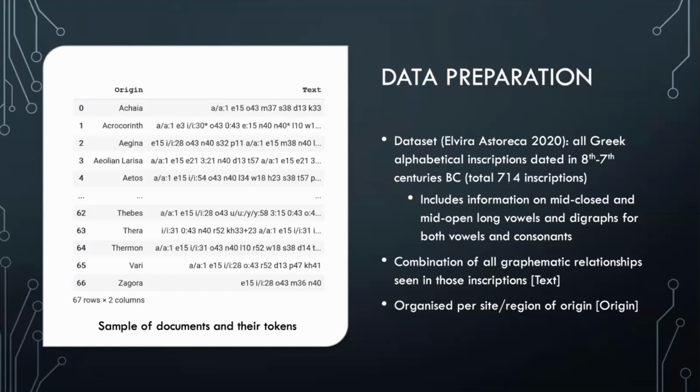This information, the data, was gathered from a dataset that consists of 714 Greek alphabetic inscriptions dated in the 8th and 7th centuries BC, and it covers the graphematic relationships in each of them. This dataset also considers the notation of mid-open and mid-closed long vowels, and the use of digraphs for both vowels and consonants in a systematic way, unlike previous studies, which only consider those that have a corresponding letter in the Koine Greek alphabet.